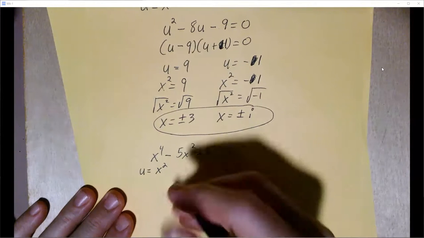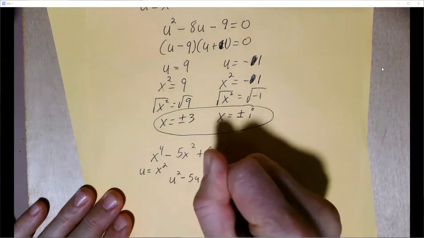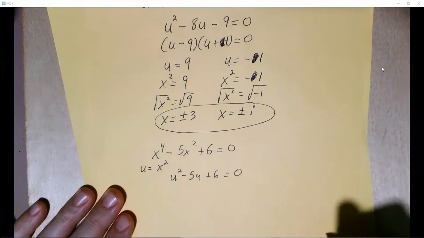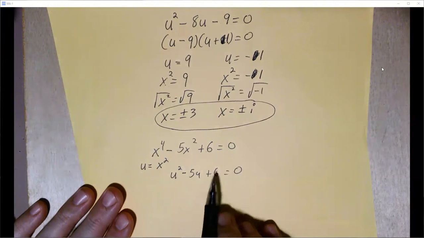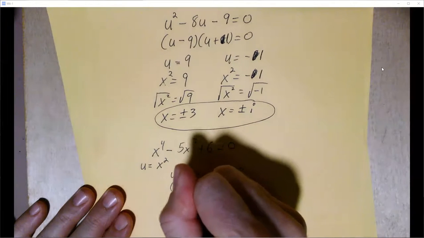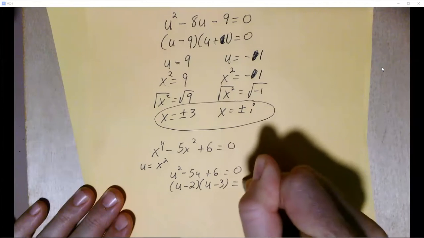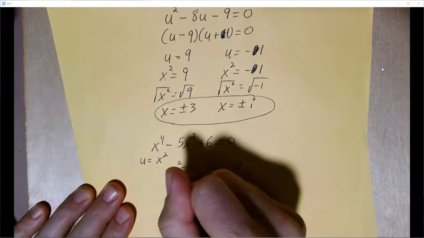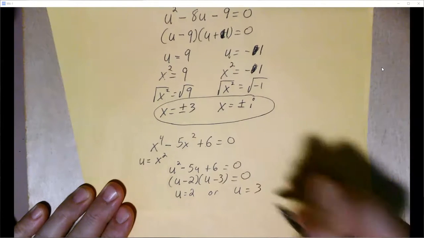Then this becomes u squared minus 5u plus 6 equals 0. Now again, I have 3 choices on how I can solve this. Multiplies to make 6 and adds to make -5. That's going to factor into a -2 and a -3, which tells me that u equals 2 or u equals 3.